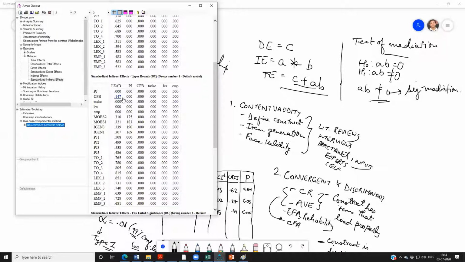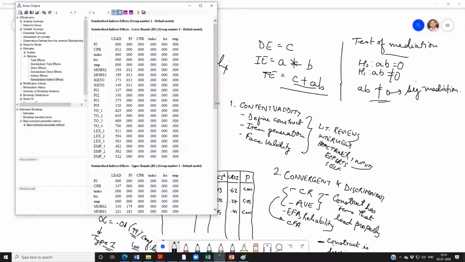So you can test using both unstandardized and standardized. Usually in papers, it is a good practice to report standardized results, but you are free to report either. The results are there for both.